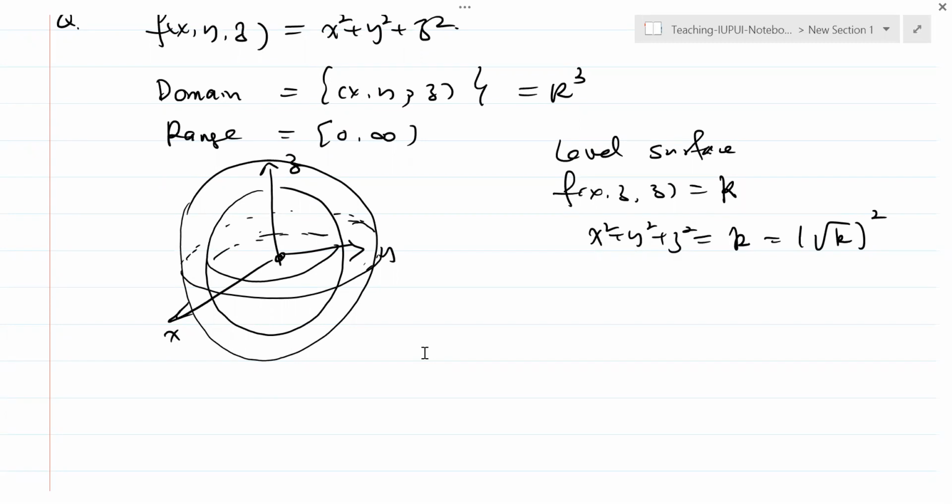Because along these level surfaces, I know the function has a constant value.